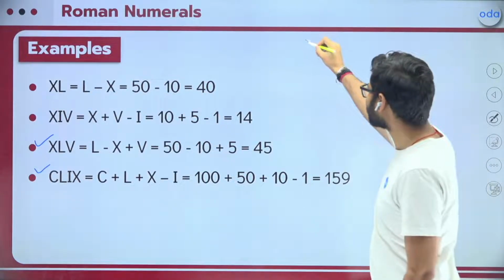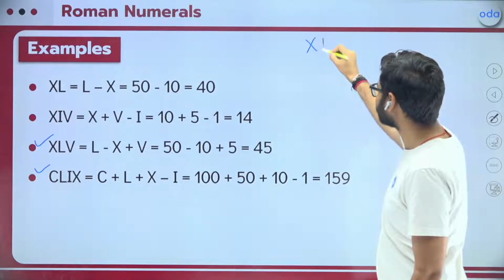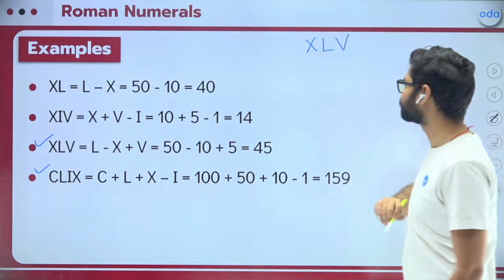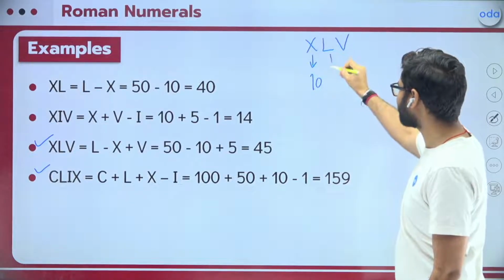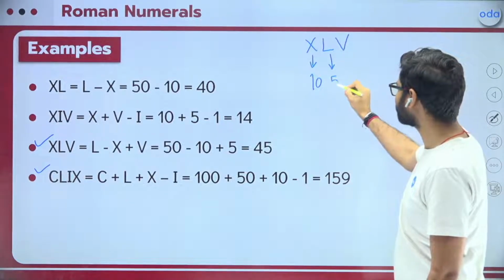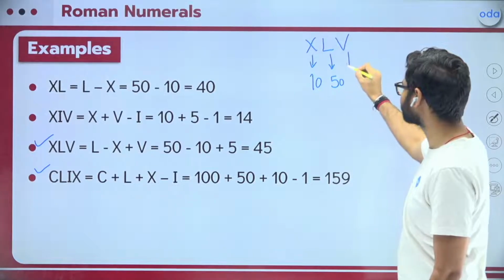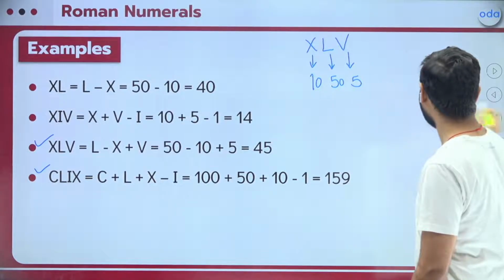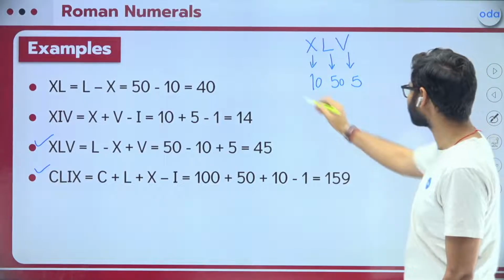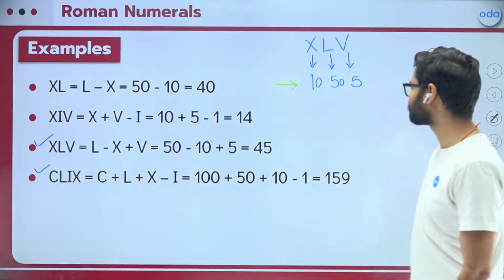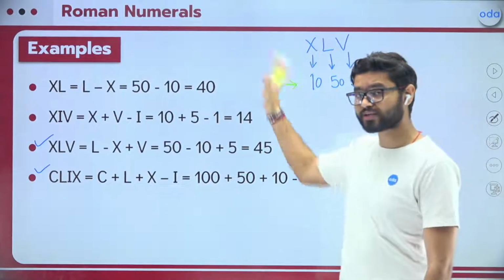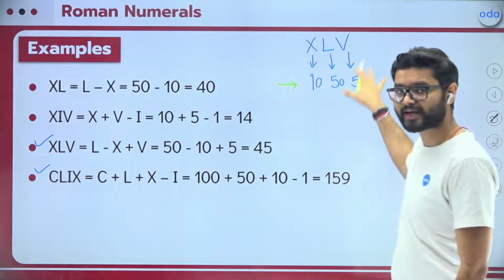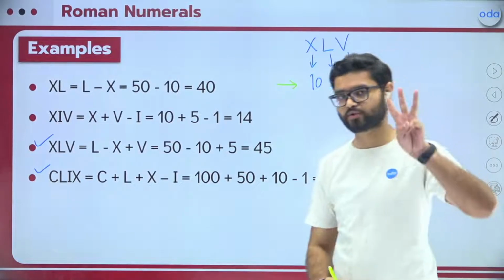So if I have XLV, the value of X is 10, the value of L is 50, and the value of V is 5. We have to start from the left hand side. So 10 and 50. The smaller value is on the left, the bigger value is on the right. We will be using rule number 3.